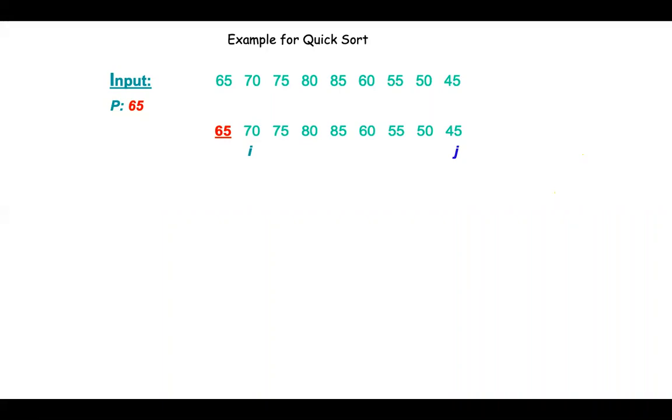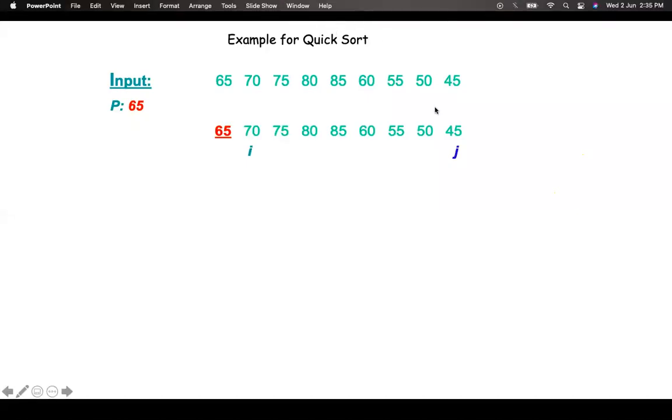The algorithm works like this. You will be incrementing the i value. What is the condition? We'll increment the i value until a of i is greater than 65. If it is less than 65, we'll continue. Yes or no? Is it correct?